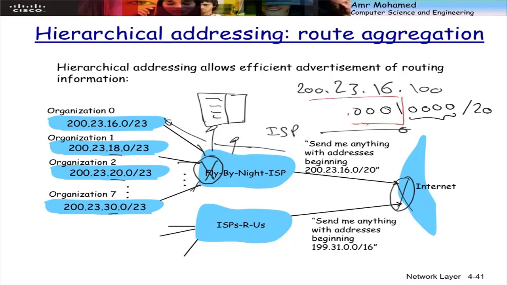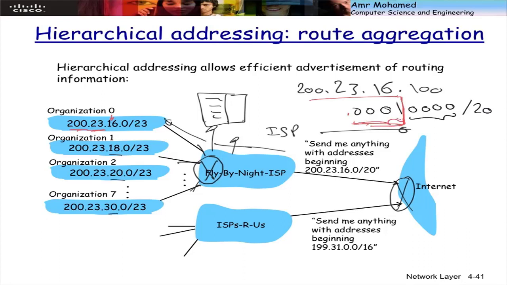So the first byte is 8, the second byte is another 8, so 16. So 20 lies in the middle of the third byte, which includes all these 4 bits.